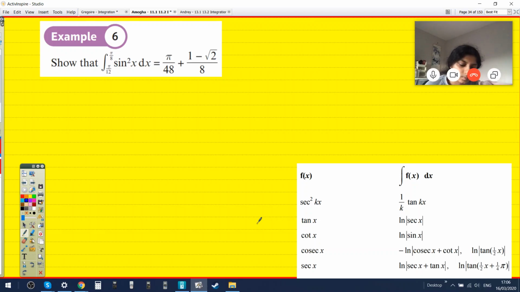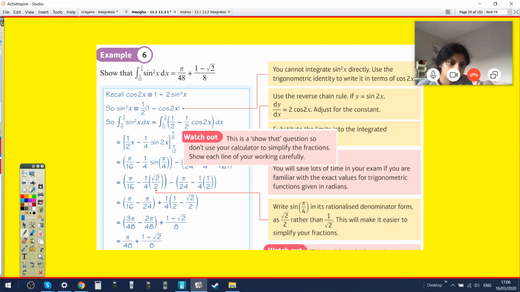Cosec x. Let's think. Sine squared x, 1 minus cos squared x. I don't know. Oh, there you go.